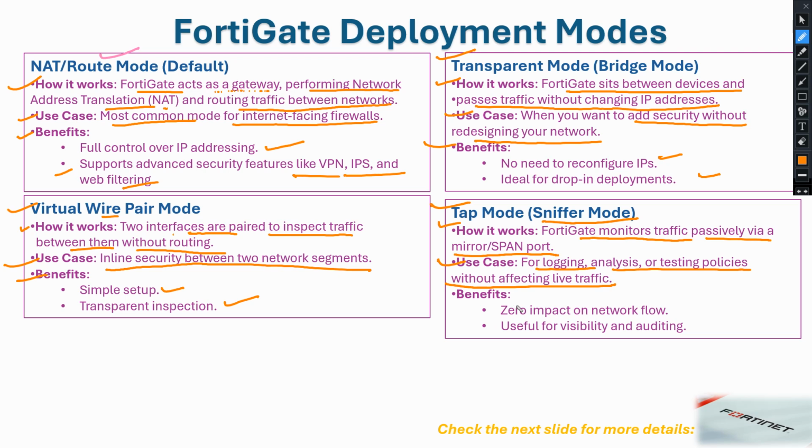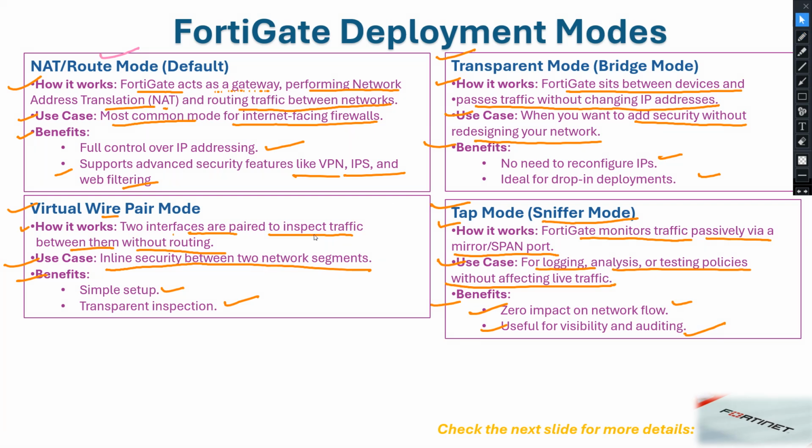So you can say it's an out of line deployment. Benefits: zero impact on the network flow, useful for visibility and auditing. So we have NAT mode, transparent mode, virtual wire mode, and tap mode.